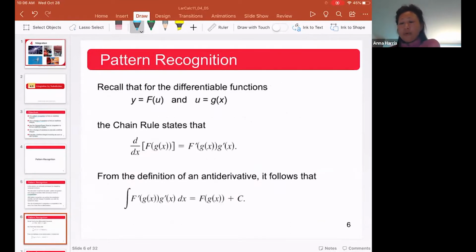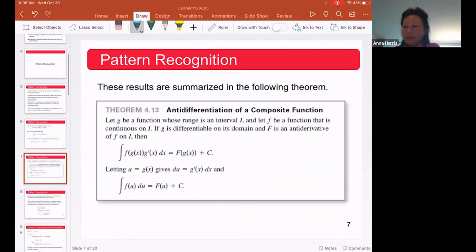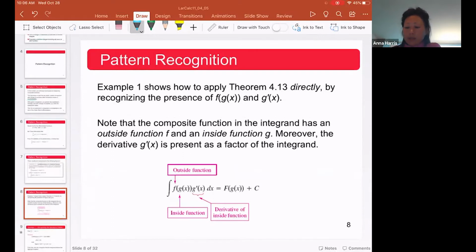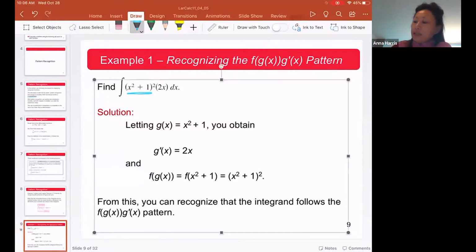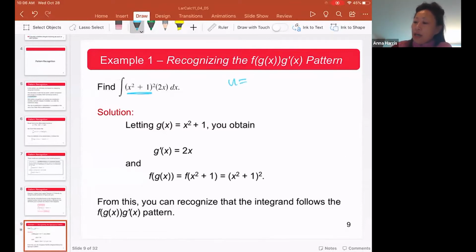So, for example, let's look at this problem: x squared plus 1 to the second power. We rewrite this with u equal to x squared plus 1, and then du is 2x.